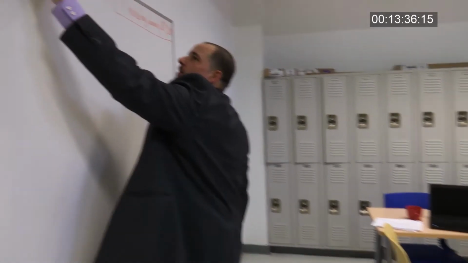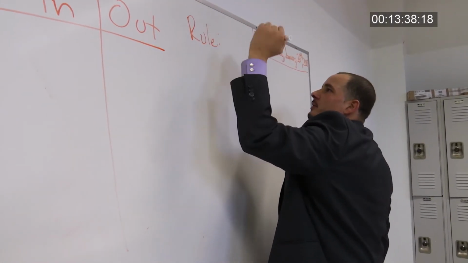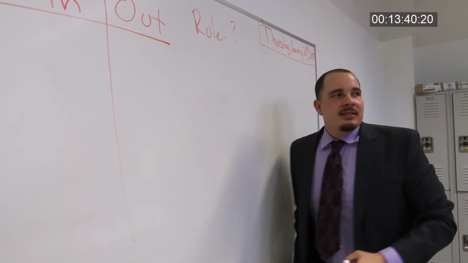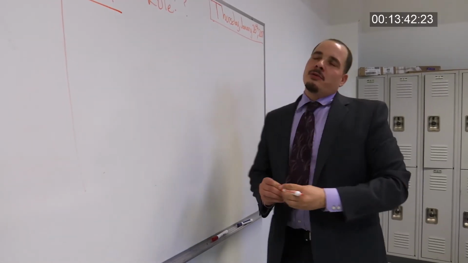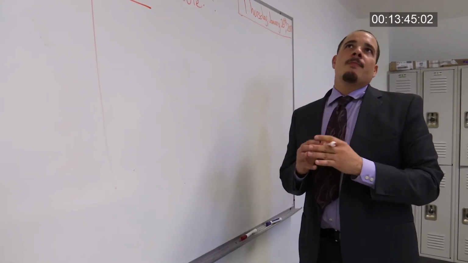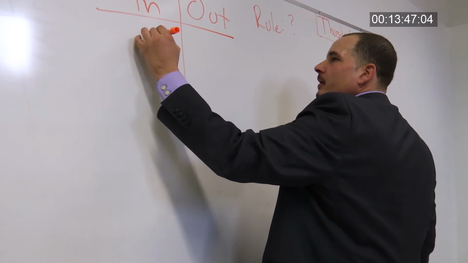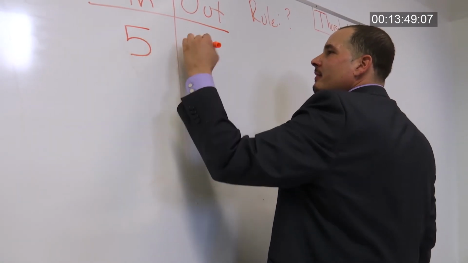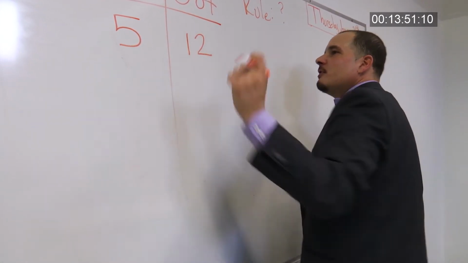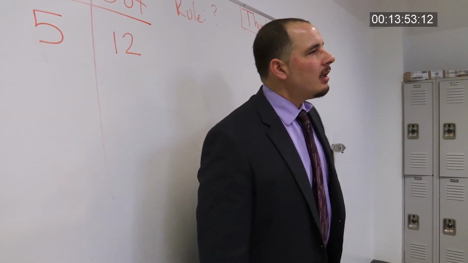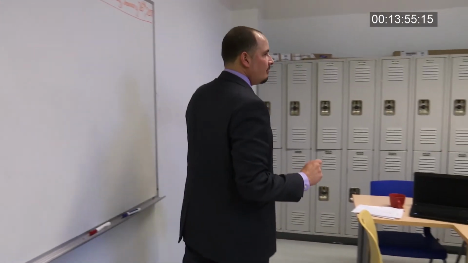So the rule, I don't know it, but what you all know is that when I put in 5, I get out 12. My input is 5, my output will be 12, and I promise you, it took 2 operations to get there.